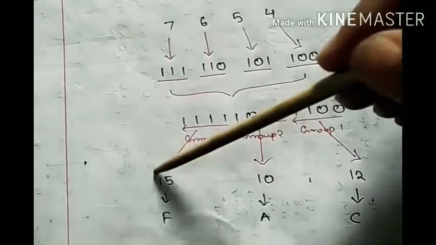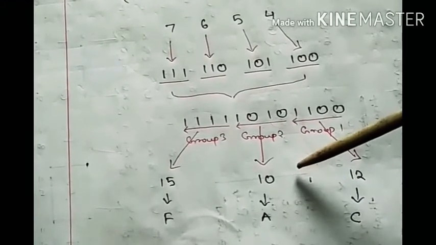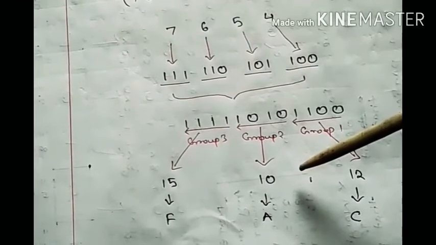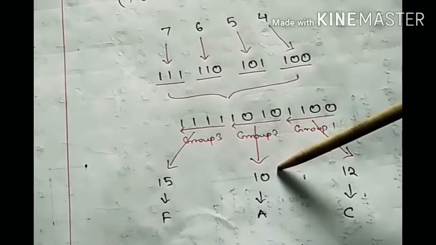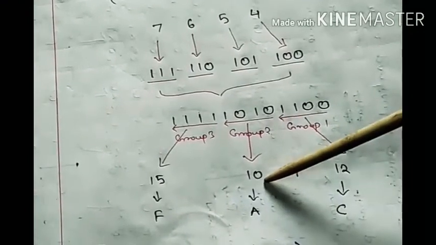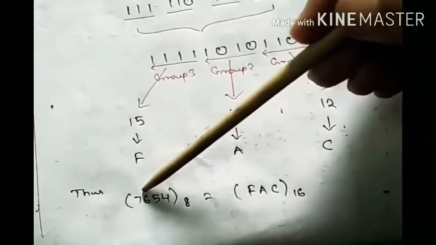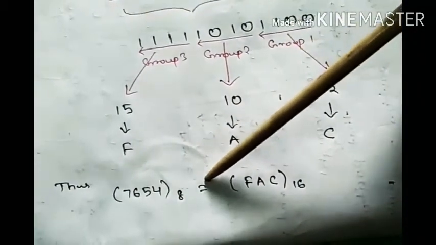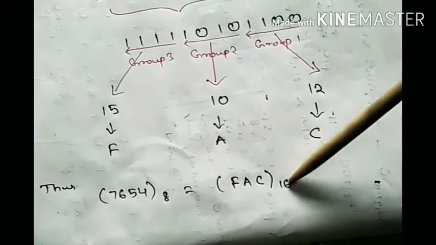We can write them side by side, but as we know in hexadecimal, any number above 9 cannot be written like that. For that, alphabets are used. So we again use the hexadecimal chart, and from there 15 means F, 10 means A and 12 means C. So we can see that the octal number 7654 is equal to FAC in hexadecimal.